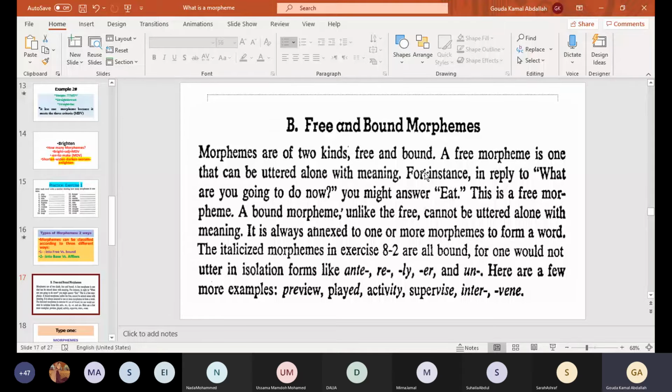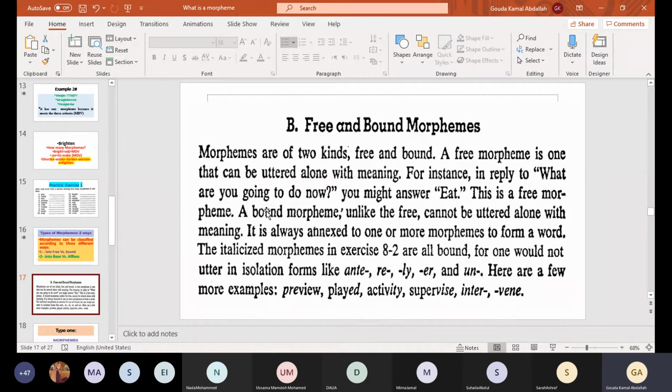For example, if someone asks you what you're going to do now, and you say 'eat' without saying 'I'm going to eat', then eat here is a free morpheme. Why? Because it can stand alone and it has a meaning. The one who is asking you the question will get an answer.